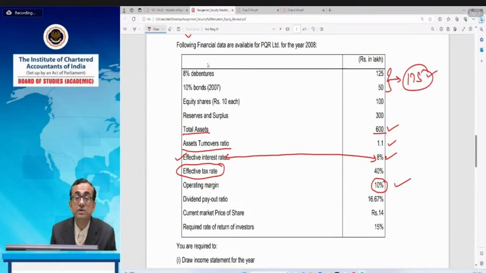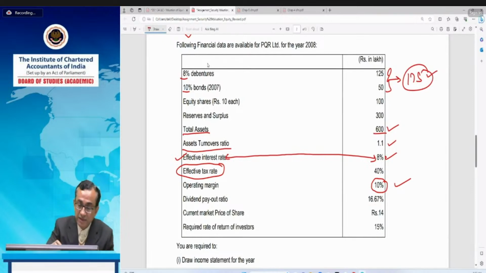And interest will not be calculated separately at 8% and 10%. I will repeat that if effective interest rate is given in the question, the effective interest rate will be applied to calculate the interest.